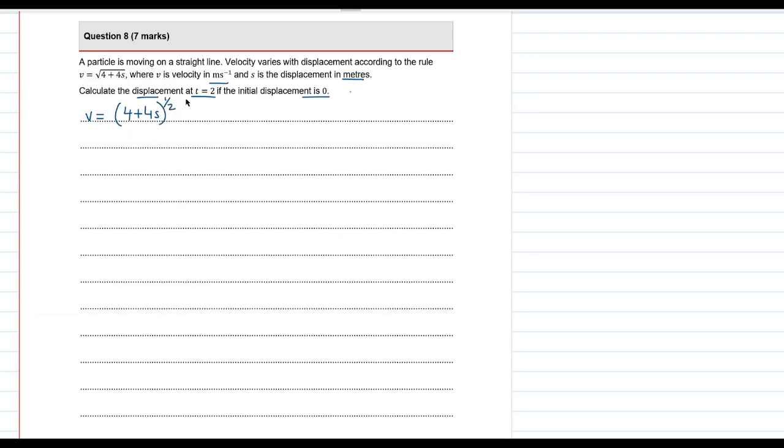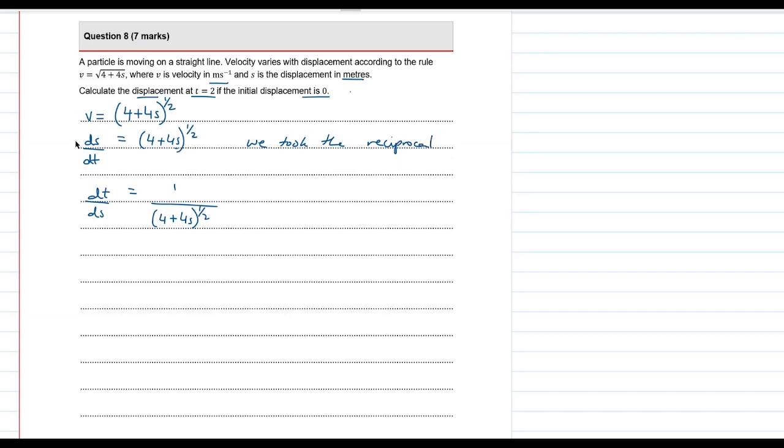Square root is the same as having a power of half. And we want to find the displacement at t equals 2. So we know that velocity is just the rate of change of displacement, so we can write it as ds over dt. And because the function is in terms of s, let's integrate in terms of s, so we can take the reciprocal of this and make it dt on ds equals 1 over (4 plus 4s) to the power of half.